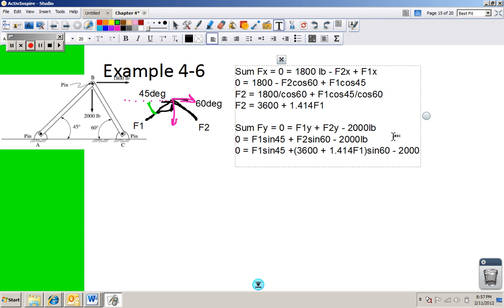okay, so now we've got to do a little calculating. I'm going to go ahead and move the 2,000 to this side. Alright, F1 sine of 45 degrees.